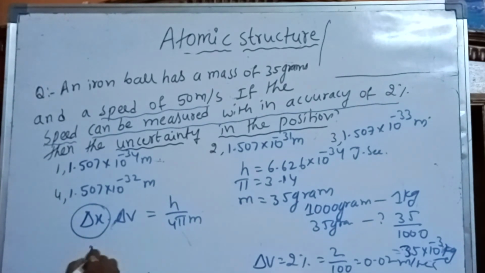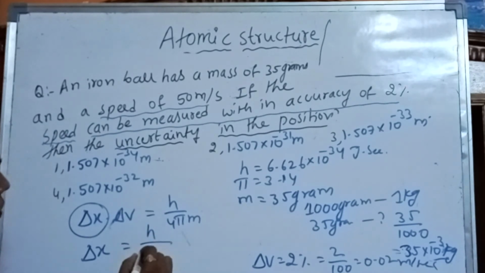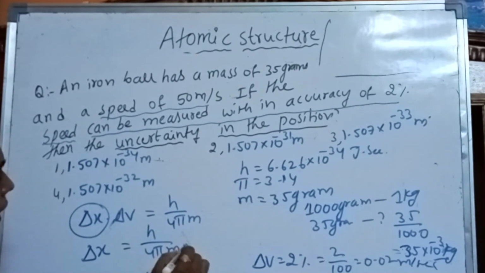Now to calculate delta x, we write the same formula as delta x is equal to h by 4 pi m delta v.